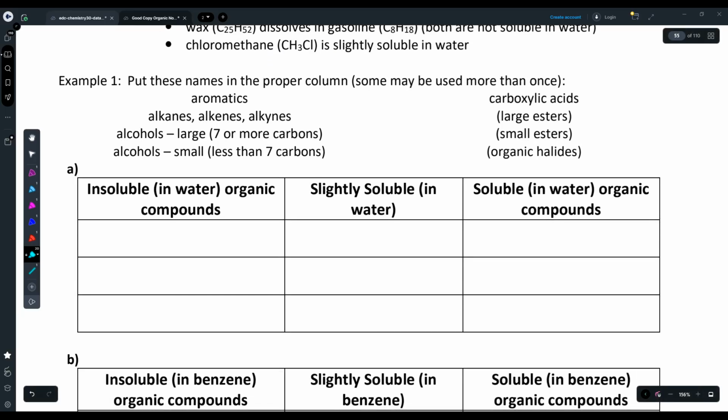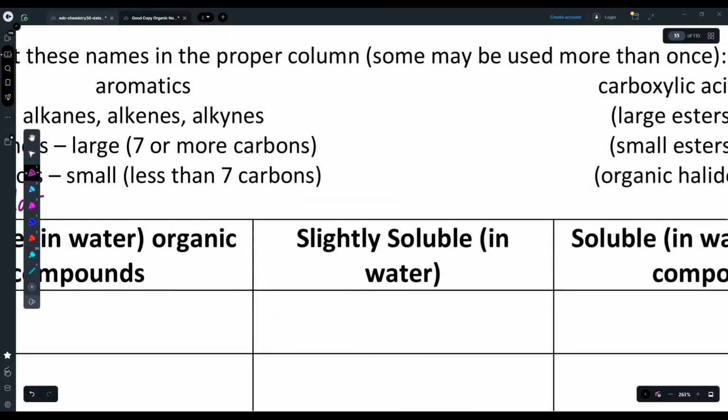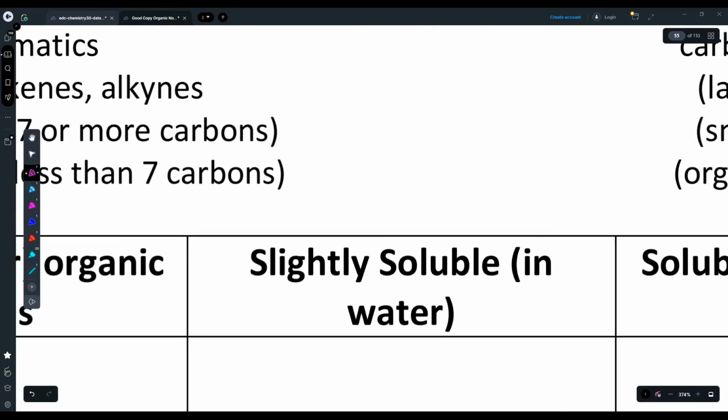Okay, so for the first one, we're kind of checking the solubility in water. Substances that are insoluble in water are going to be your non-polar compounds. Non-polar is insoluble in water because water is polar. The compounds that are slightly soluble in water are going to be polar, but no hydrogen bonding.